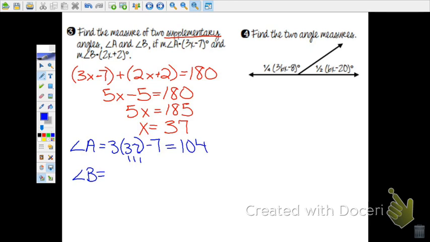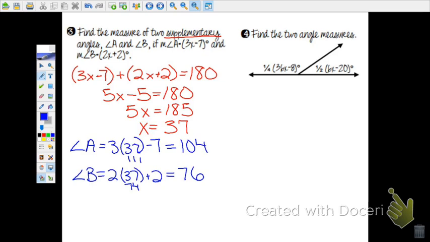Angle B, 2 times 37 plus 2. 2 times 37 is 74 plus 2 is 76. And again, if we add those 2 together, they do equal 180.